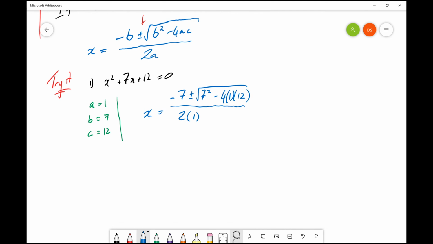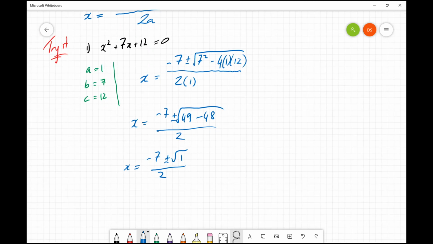So let's plug that in and see what happens. Negative 7 plus or minus the square root of 49. And what's 4 times 1 times 12? That's 48. It's negative 7 plus or minus the square root of 1 over 2.